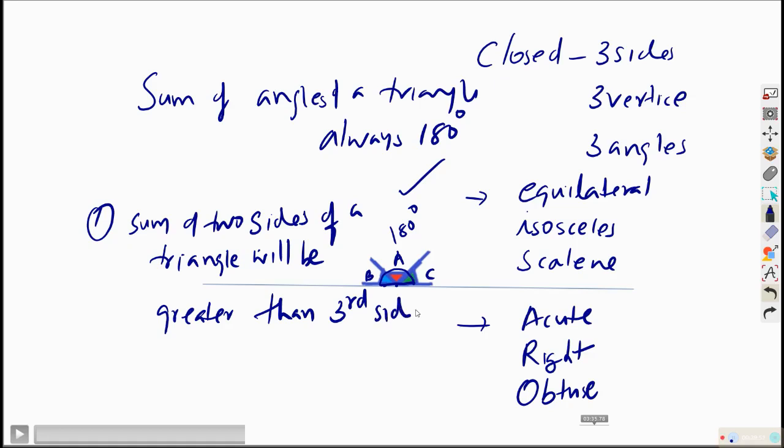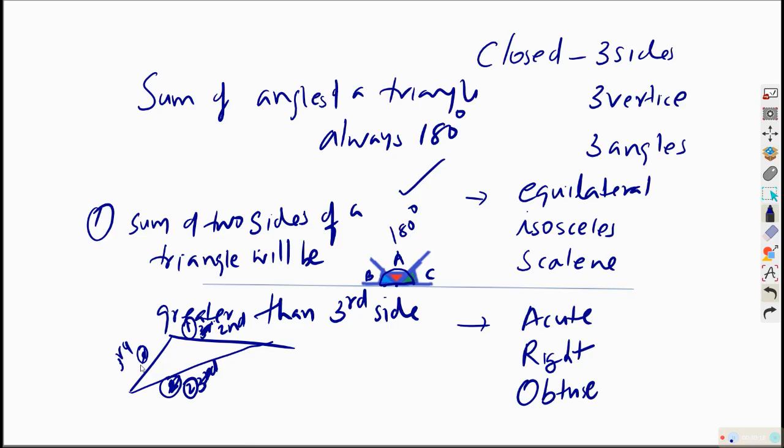There is a simple observation like that. That means if there is any triangle, if you add any two sides of it, 1 plus 2, that will be more than the third side. If you consider this as 1, this as 2, it will have a measure more than the third side. That means any two sides you add, it will be greater than the third side.